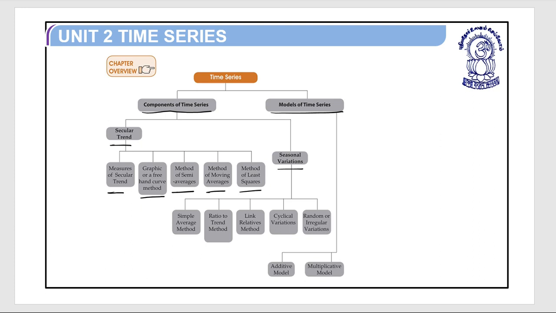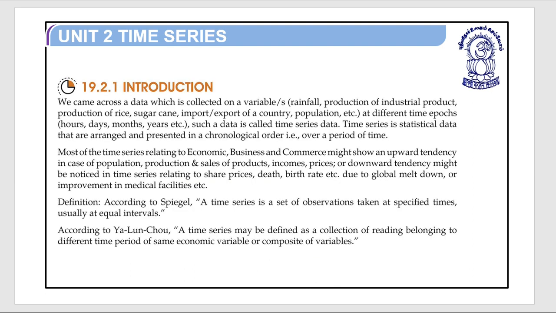Seasonal variation is divided into simple average method, ratio to trend method, link relative method, cyclical variations, random or irregular variations. Models of time series are divided into additive model and multiplicative model.